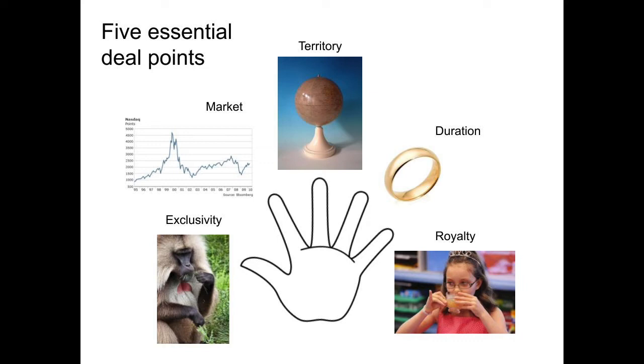The first question is exclusivity. That's always the first question you have to ask about any license agreement. And I associate this with the thumb because the thumb is what makes us as primates an exclusive group. So exclusivity means that the licensee will have some rights that nobody else has.